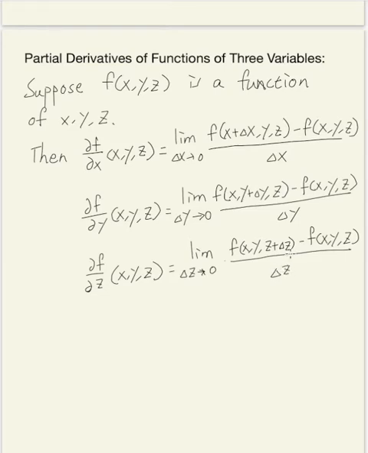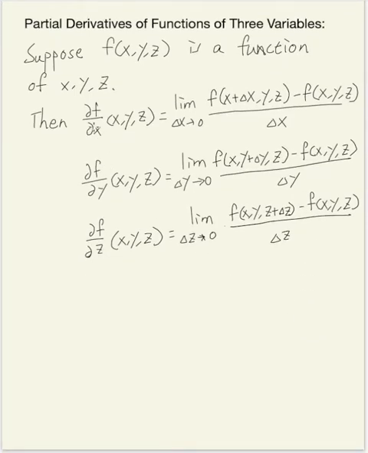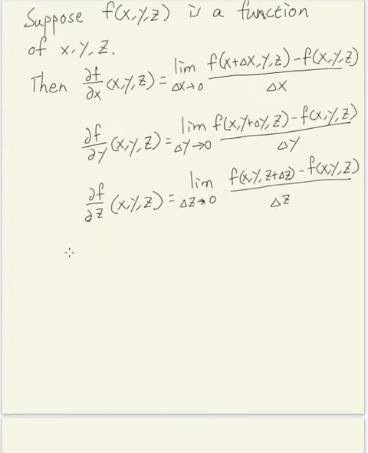So as you can see, it's pretty much the same as the two-dimensional case. When we take the partial with respect to x, we treat yz as a constant. When we take df dy, we treat xz as a constant. When we take the partial with respect to z, we treat xy as a constant.